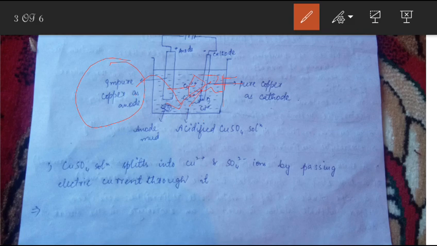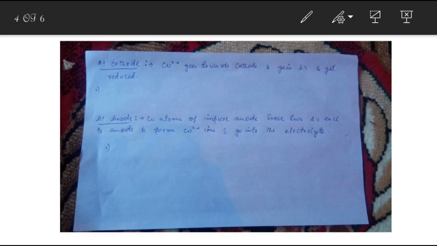It means the cathode has a negative charge. The copper ions, as you know, are short of electrons, so at the cathode Cu2+ will gain 2 electrons and get converted into Cu, copper metal.